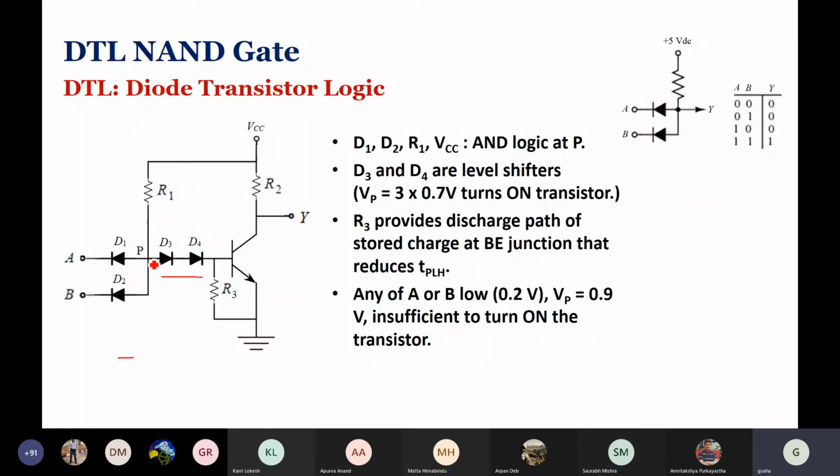But because of the presence of these two diodes, we have 0.7 volt drop here, 0.7 volt drop here, and 0.7 volt drop here. This much voltage is required, and then only it will start conducting. Are you with me? So when Vp is 2.1 volt, only then will it start conducting.